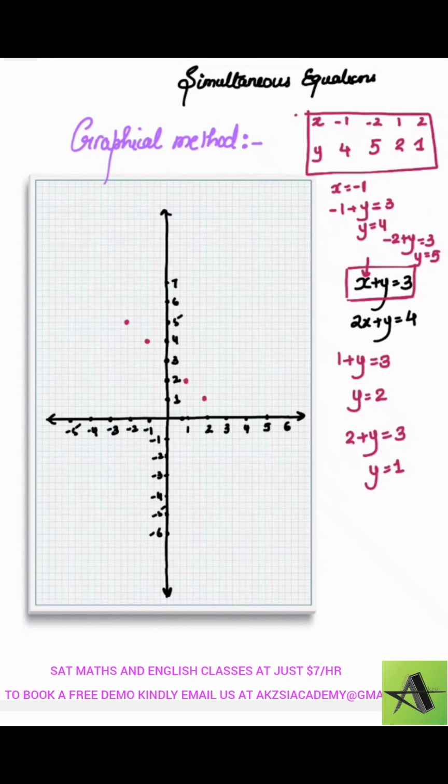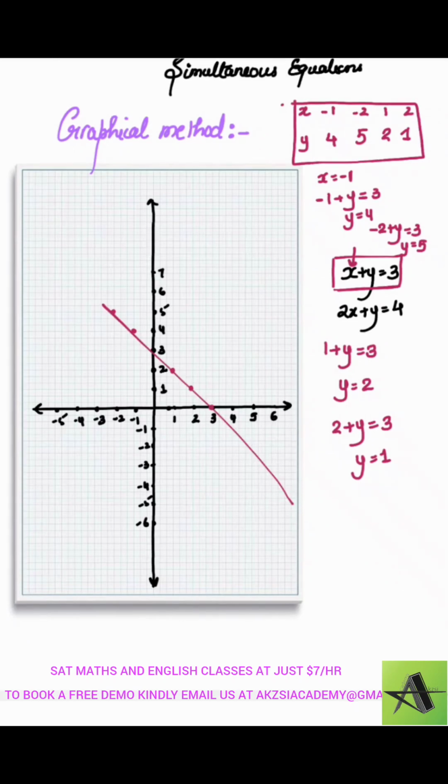So let me join it. Okay, so this is the straight line. Obviously it's not perfect because it's not allowing me to draw a straight line on this graph, so that's why I had to draw with my hands.